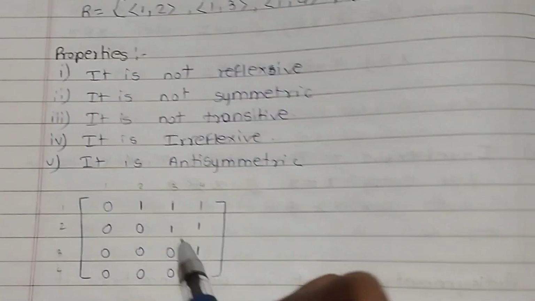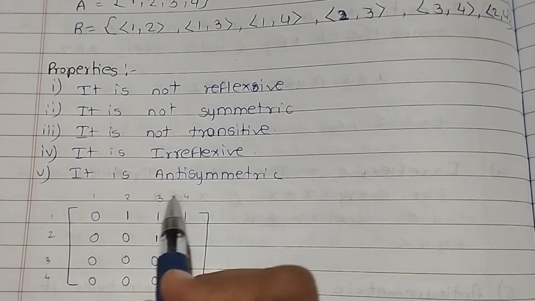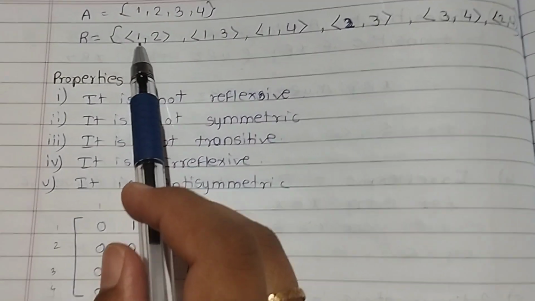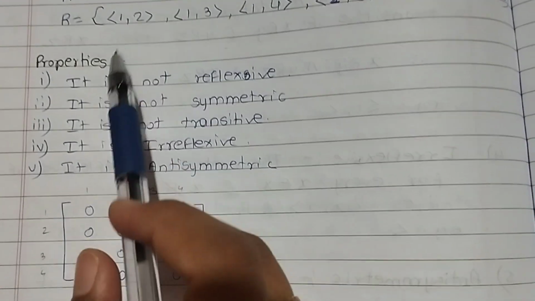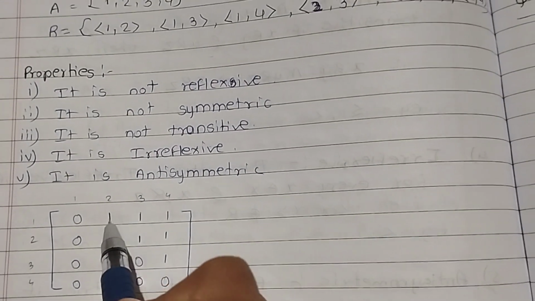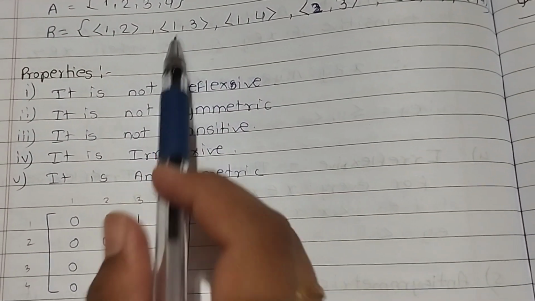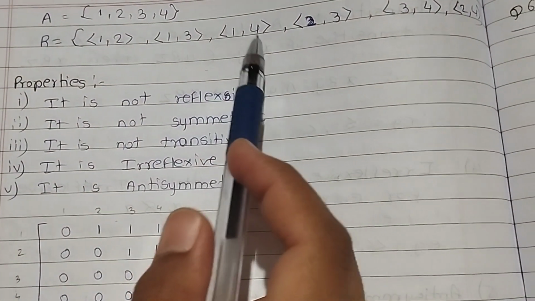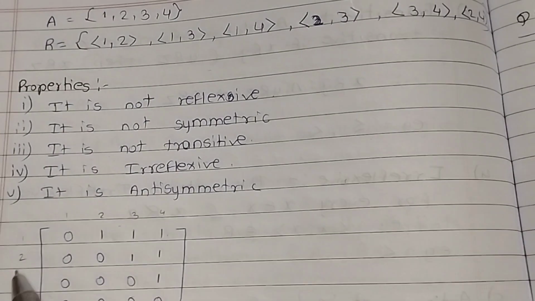Now we draw the matrix for the given relation. First write all the elements in the row and the column. We know the first element is for the row and the second for the column. So 1 and 2, write 1 to represent the set. Now 1 and 3, 1. 1 and 4 for the first row and fourth column. Now 2 and 3.